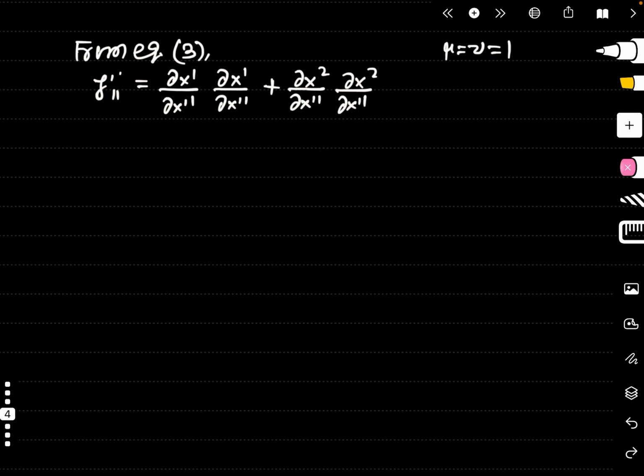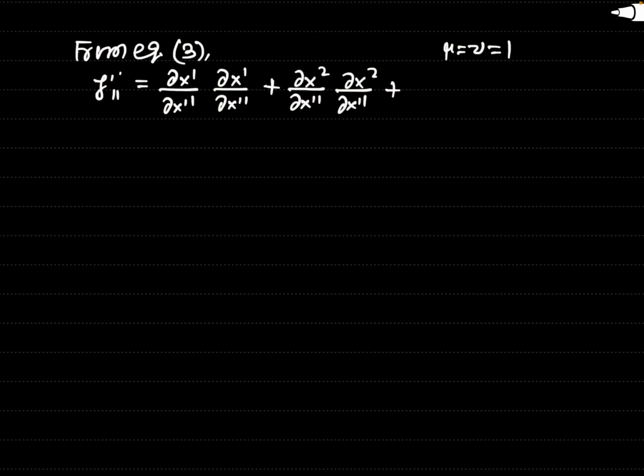So in this condition, we can write the third term del x3 by del x prime 1, del x3 by del x prime 1.